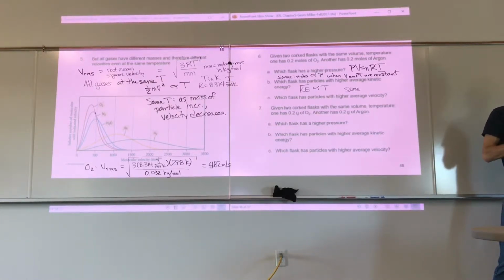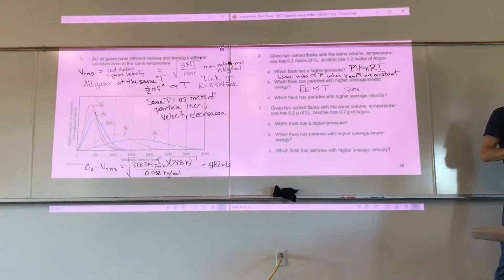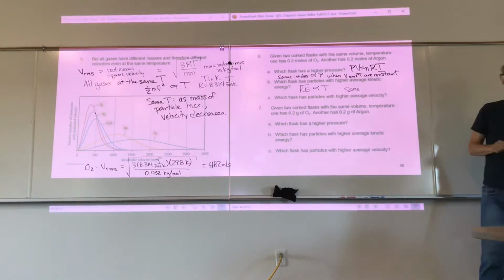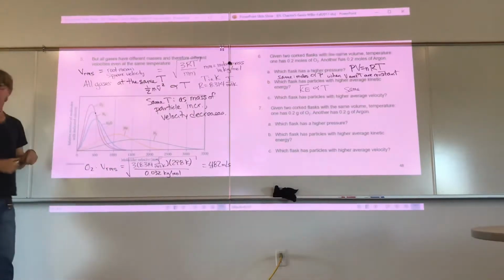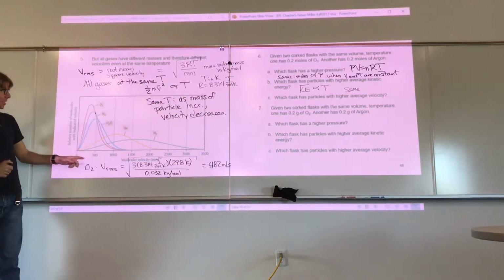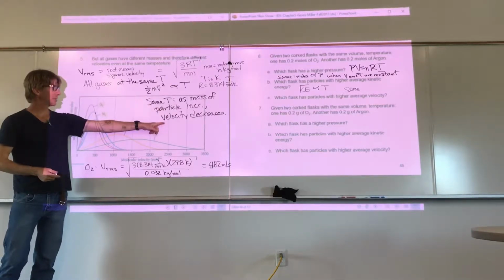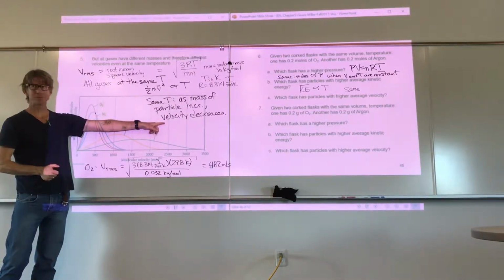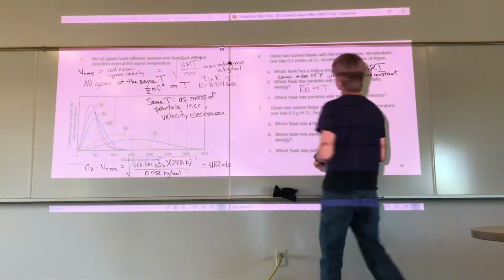Now something will finally be different for C. Which flask has particles with a higher average velocity? That one comes back to over here. We know that at the same temperature, if it has more mass, it'll have lower velocity and also lower average velocity. So argon versus oxygen.